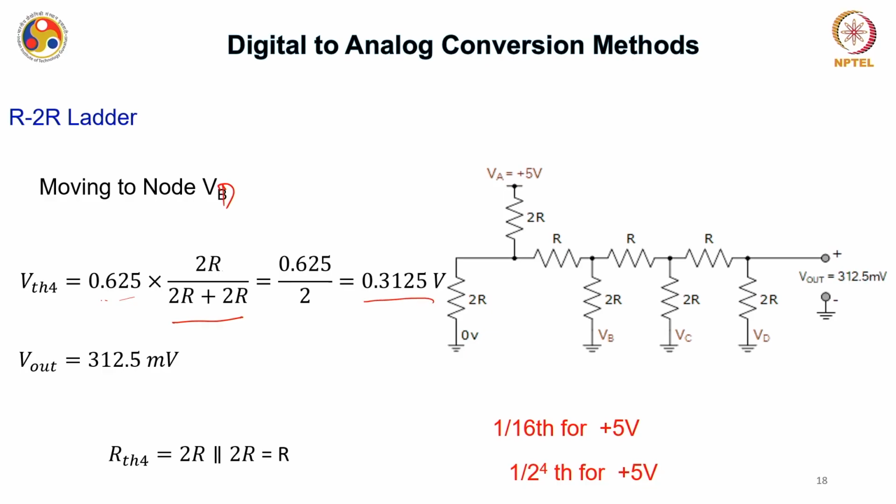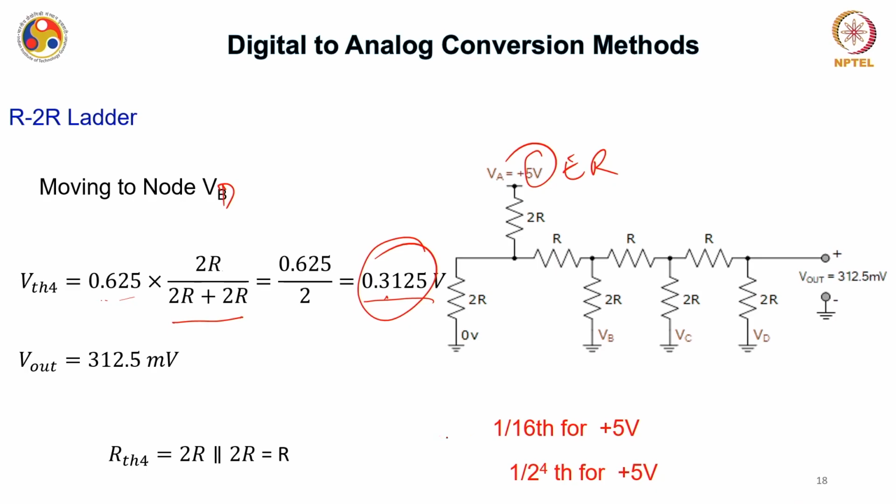Now, V out, if I convert this into millivolt, will be equal to 312.5. RTH4 will again be equal to 2R in parallel with 2R, which we have seen earlier also, and it is equal to R. Now, if you see, this particular value is nothing but 1 by 16th of the 5 volt supply, or ER you can say.